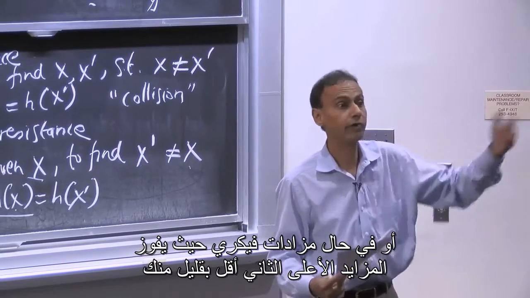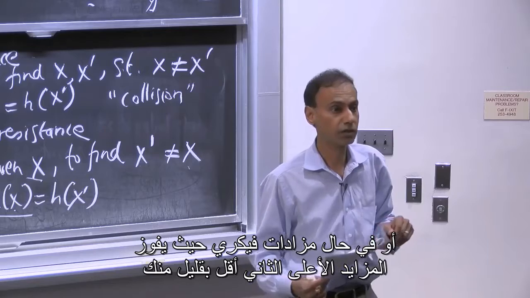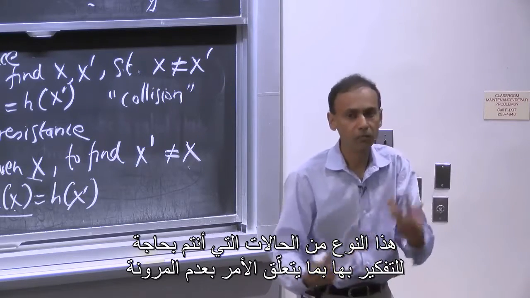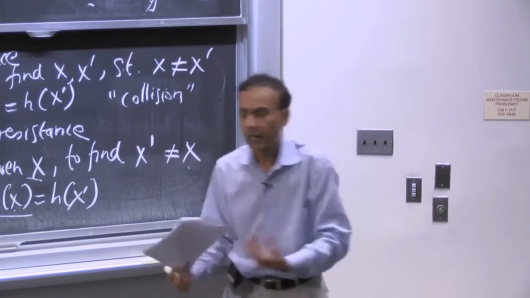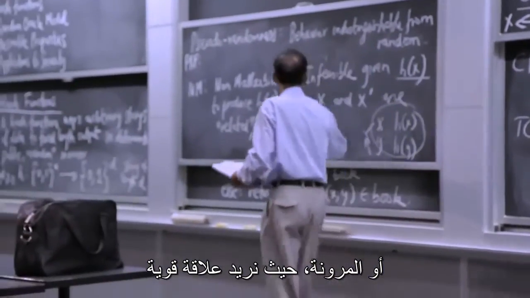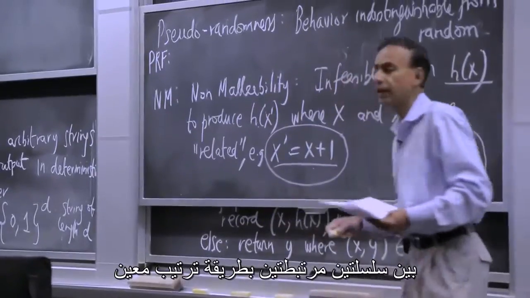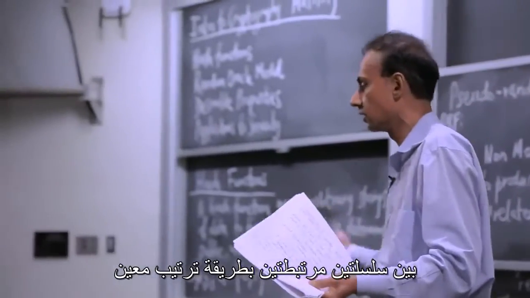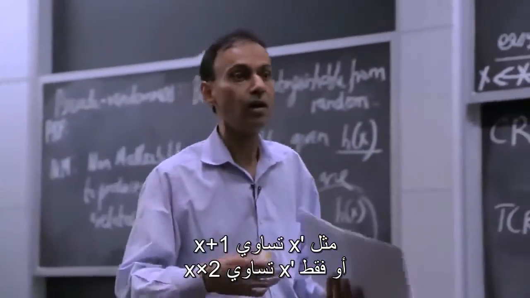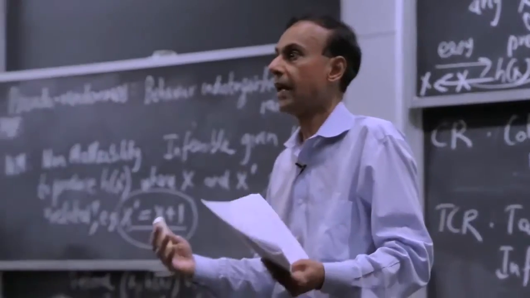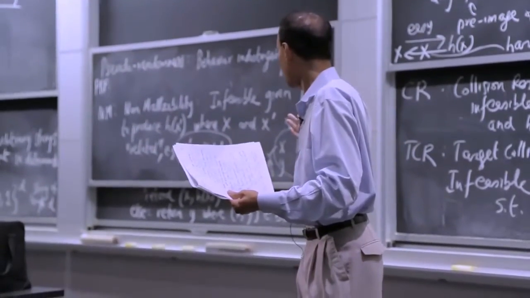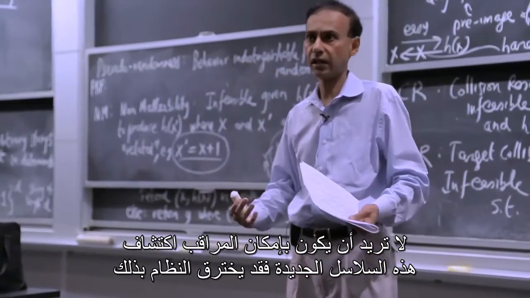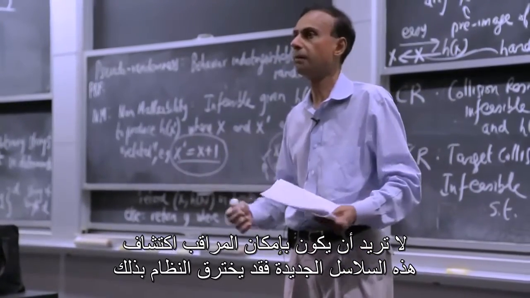Or in case of victory auctions where the second highest bidder wins, just be a little bit below you, right? So that's the kind of thing that you want to think about when it comes to non-malleability or malleability, where you want a strong relationship between two strings that are related in some ordered fashion, like x prime equals x plus 1, or just x prime equals 2 times x, and you don't want the adversary to be able to discover these new strings, because that would beat the system.